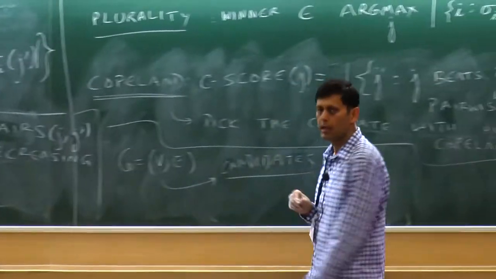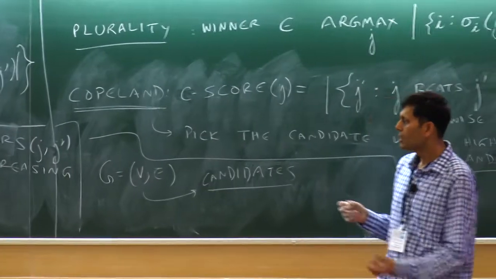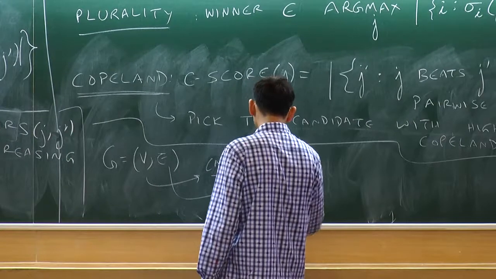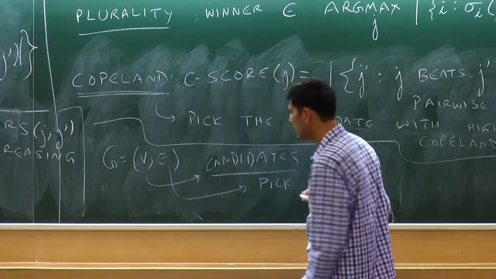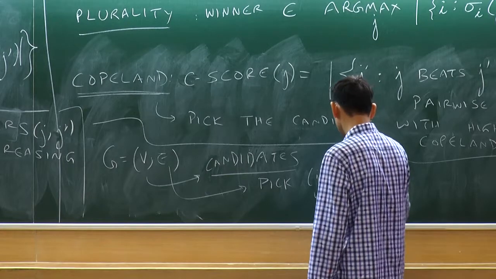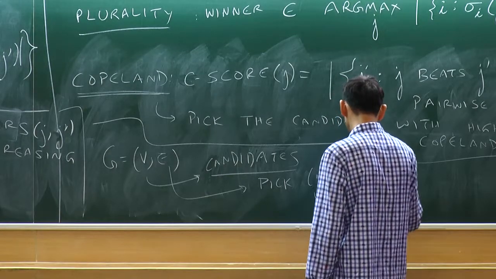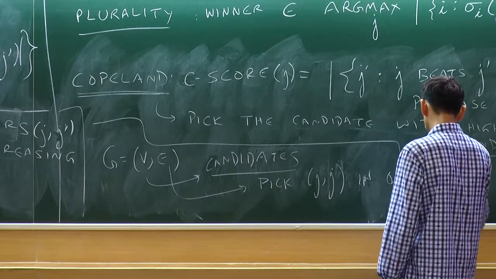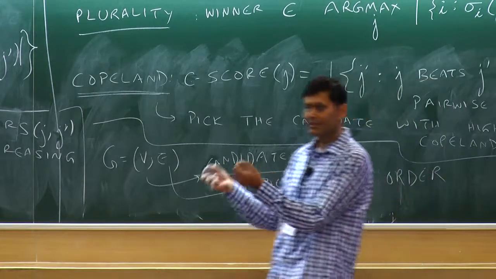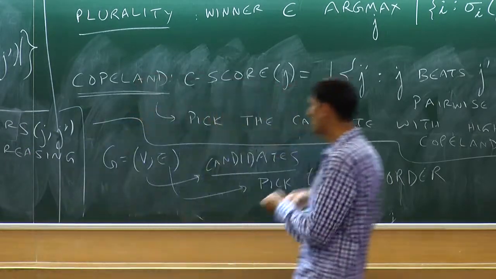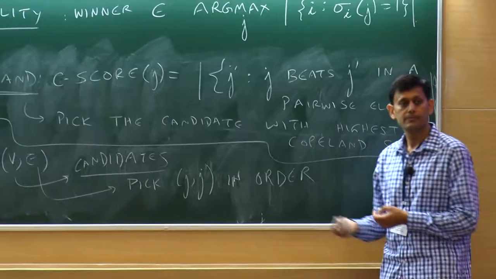To obtain E, you pick these directed edges j comma j prime in order, in the decreasing order of W of j comma j prime, and you add them to E if it does not cause a cycle.